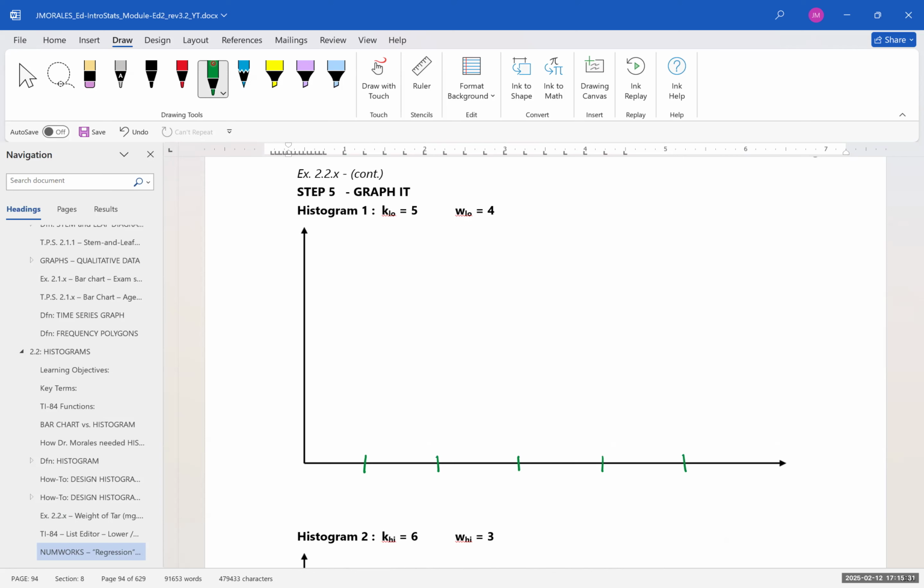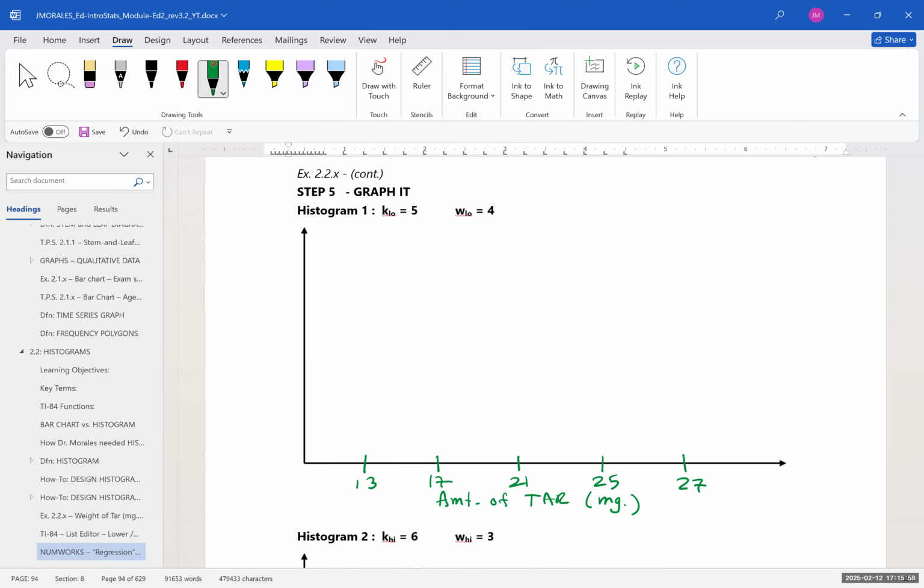I'm doing my best to space them out. This is going to be the amount of tar, in milligrams. And the midpoints here were 13, 17, 21, 25, and 27.